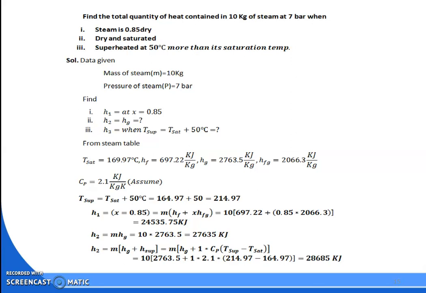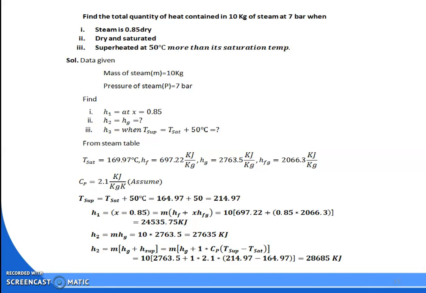Number 1, if the steam is wet steam having the dryness fraction 0.85, that is x is equal to 0.85.